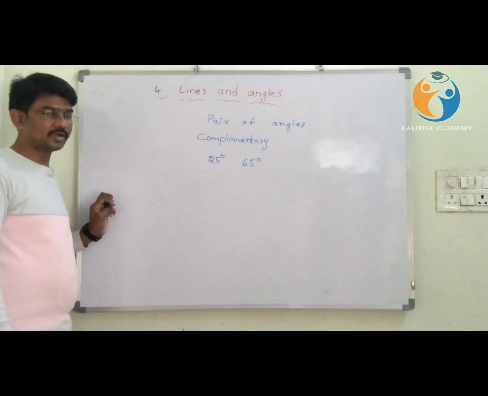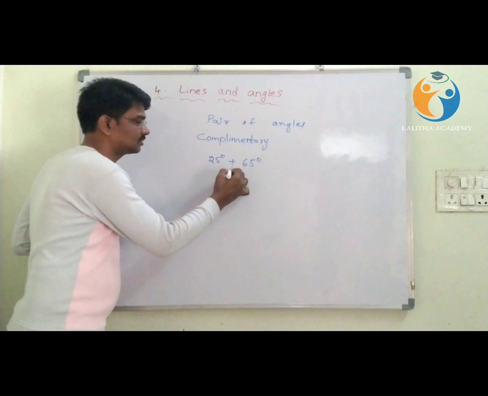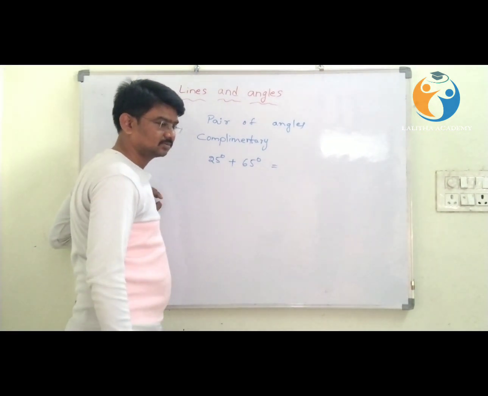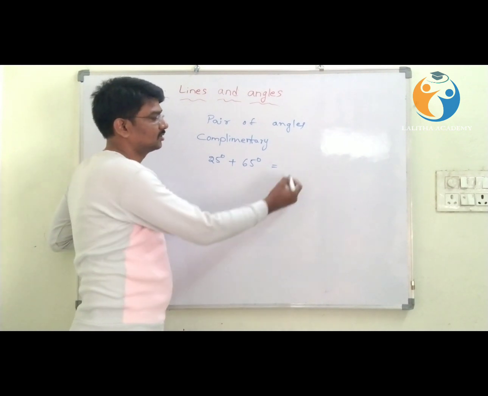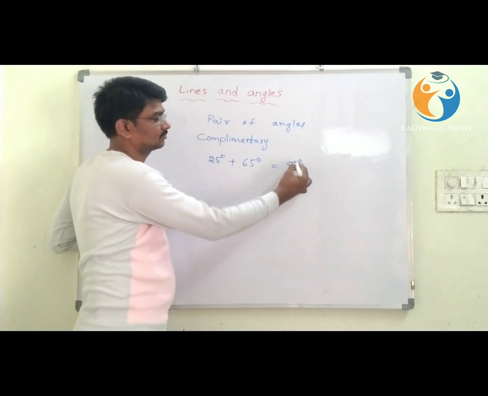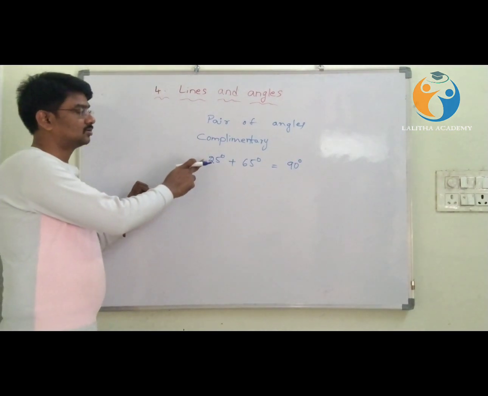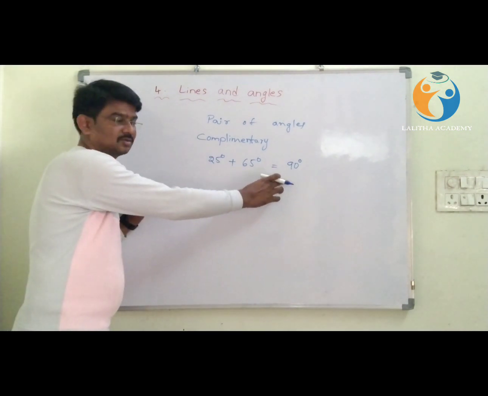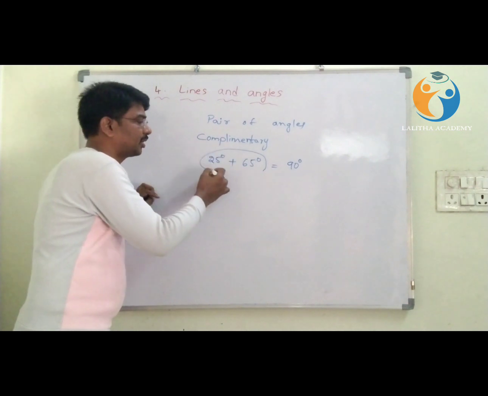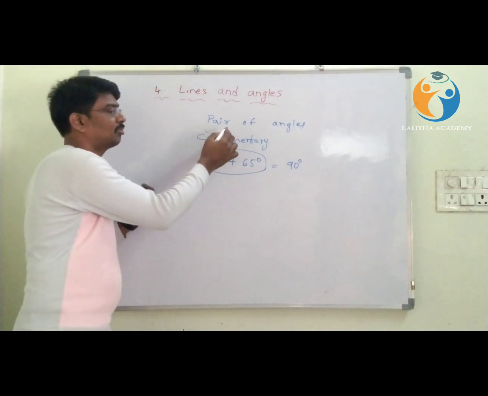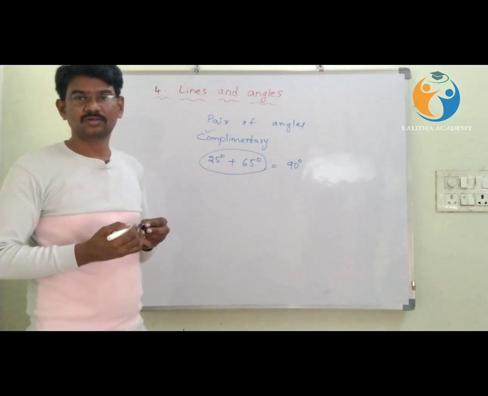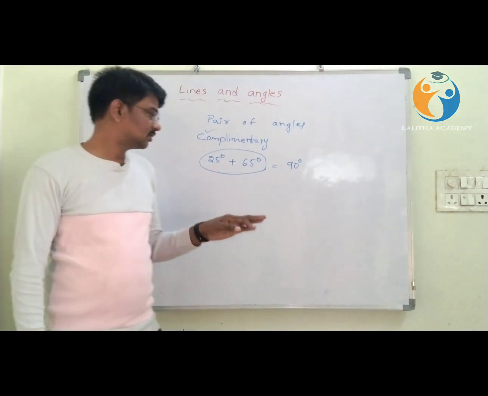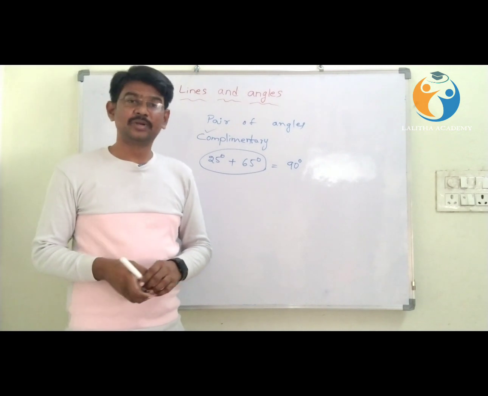Do the sum of the two angles, 25 degrees plus 65 degrees. Yes, 90 degrees. The sum of these two angles is 90 degrees. So, this pair of angles is called complementary angles. These two angles are complementary angles.